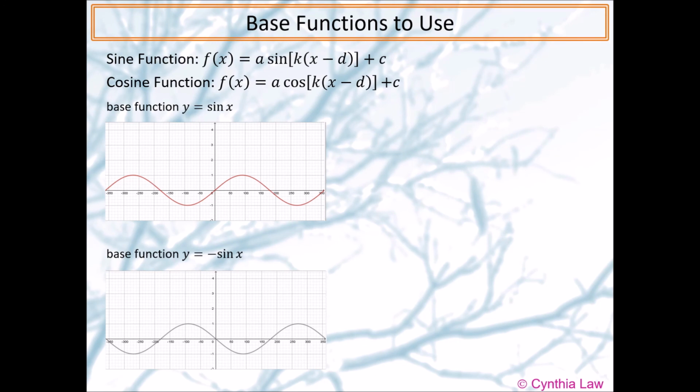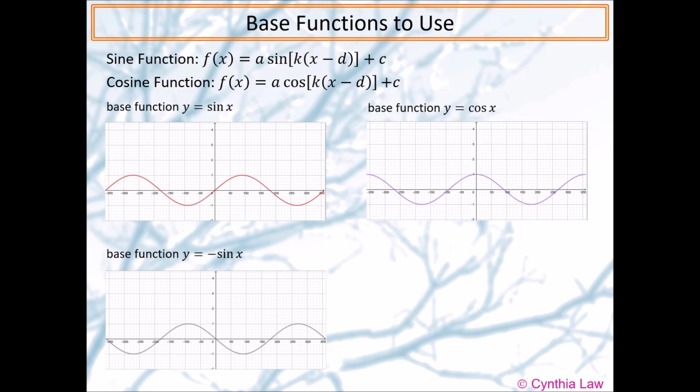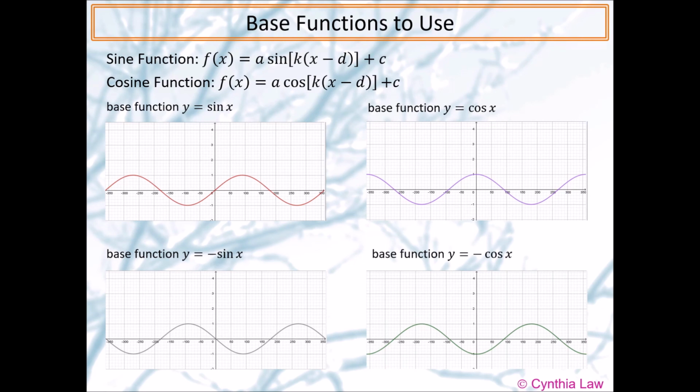We can see that it is a reflection of y = sin x along the x-axis and also along the y-axis. y = cos x is a horizontal translation of y = sin x, or a horizontal translation of y = negative sin x. And lastly, y = negative cos x is a reflection of cos x in the x-axis.